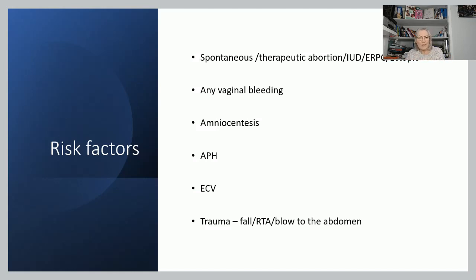But anything that interferes with that, anything where the placenta may be disrupted in any way, so either a spontaneous miscarriage, therapeutic terminations of pregnancy, if the baby has unfortunately died in utero, an intrauterine death, a miscarriage where the woman has then had to go to theatre for evacuation of retained products of conception, ectopic pregnancies, all of these potentially can cause that sensitizing event where fetal cells can go into the maternal circulation. Any vaginal bleeding, because we don't know where that's coming from.